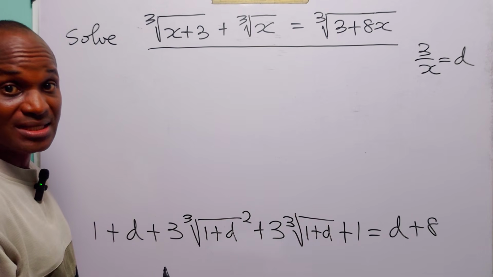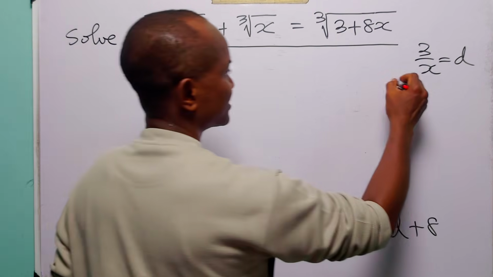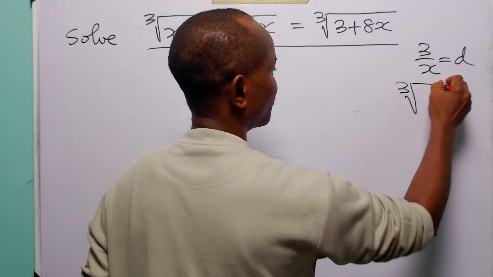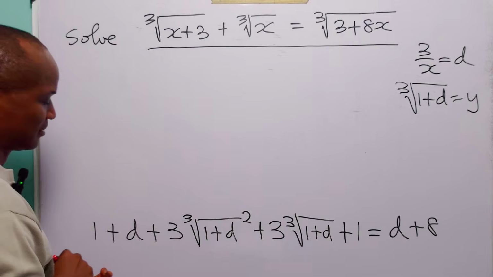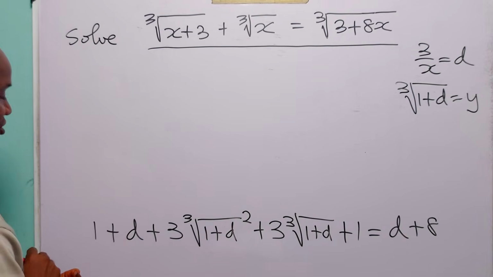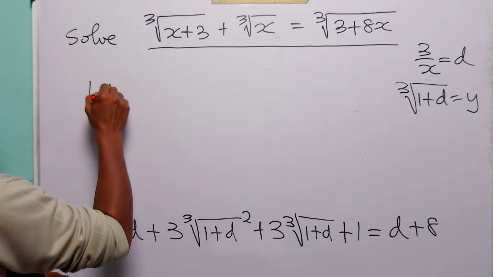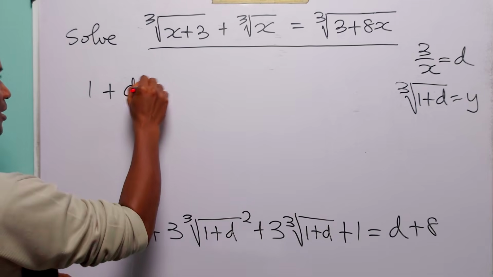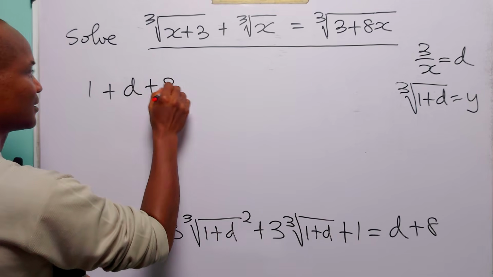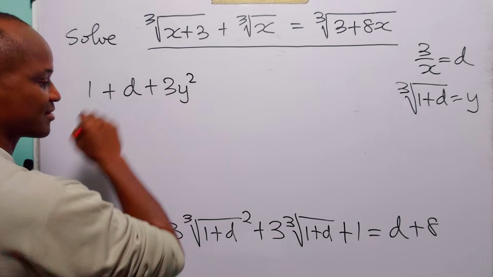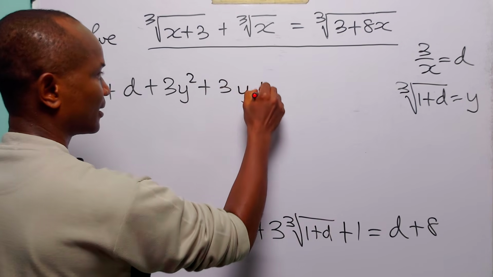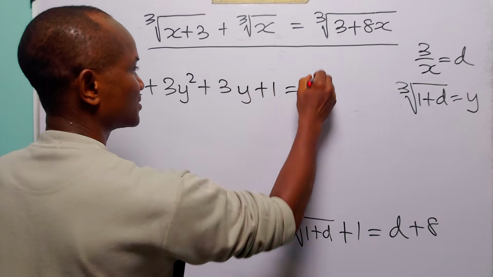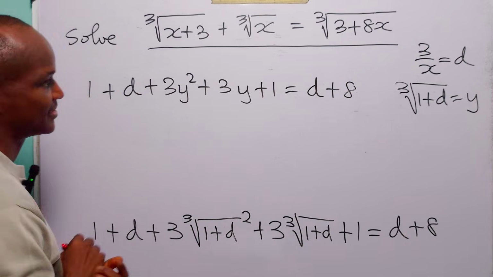So to simplify this equation once more, let the cube root of 1 plus d be equal to the letter y. Now we can write this equation as 1 plus d plus 3y squared plus 3y plus 1 is equal to d plus 8.